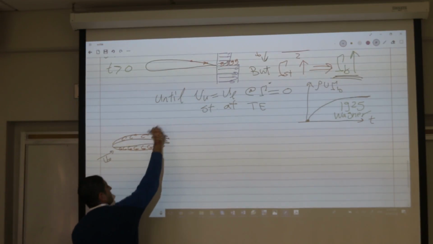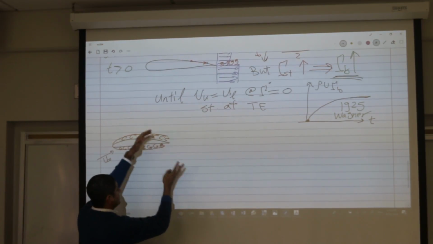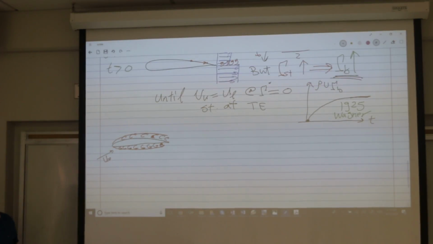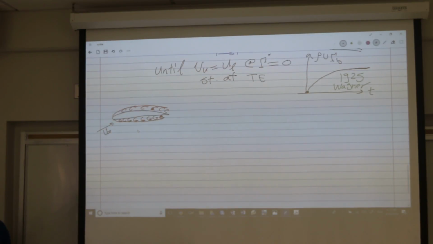So whatever separates from this point, whatever separates from that point, you subtract them and get what is shed in the wake. Okay, so if you have unsteady conditions and separation, this separation point may fluctuate back and forth. And the same here. It's not easy to characterize mathematically. Okay, so back to our question, the mathematical modeling of unsteady.